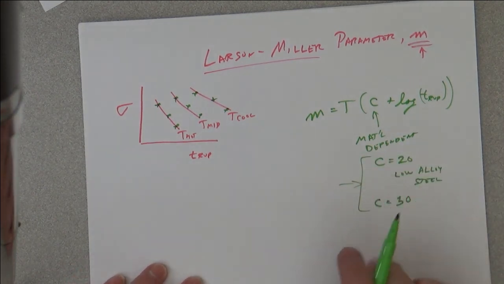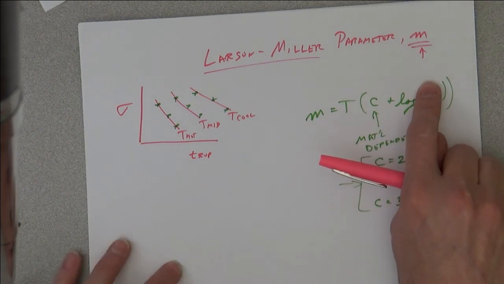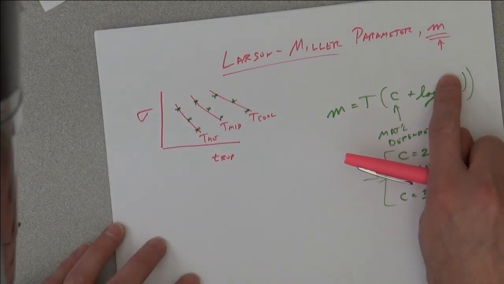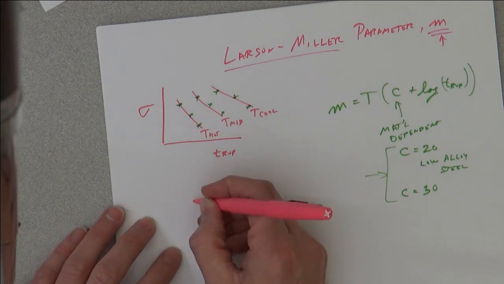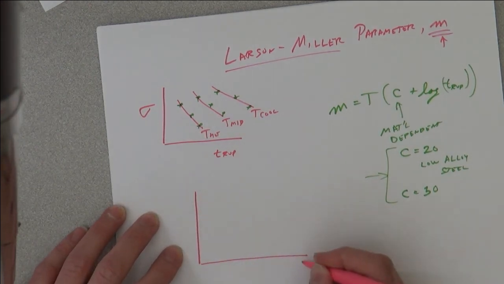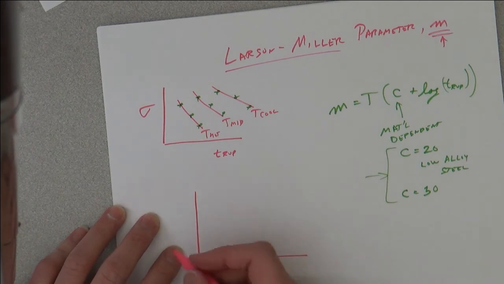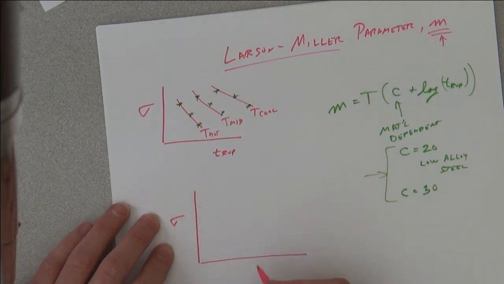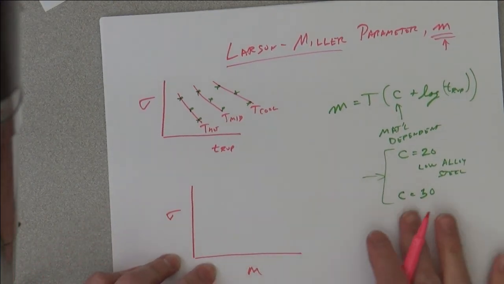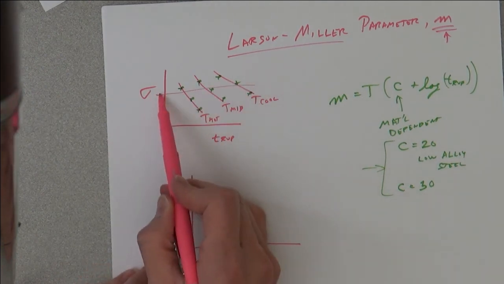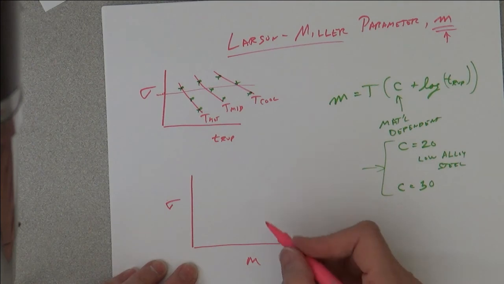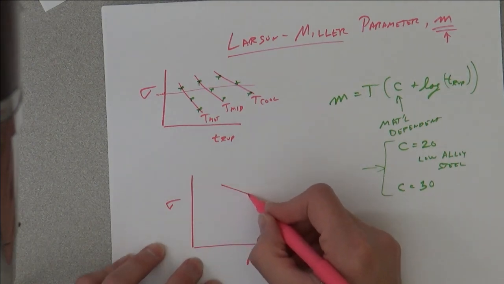You see, so if you have these, then in application you'll take this and you'll have a curve from it that will have stress versus M, because you have the stress here, and that's going to give you some curve.